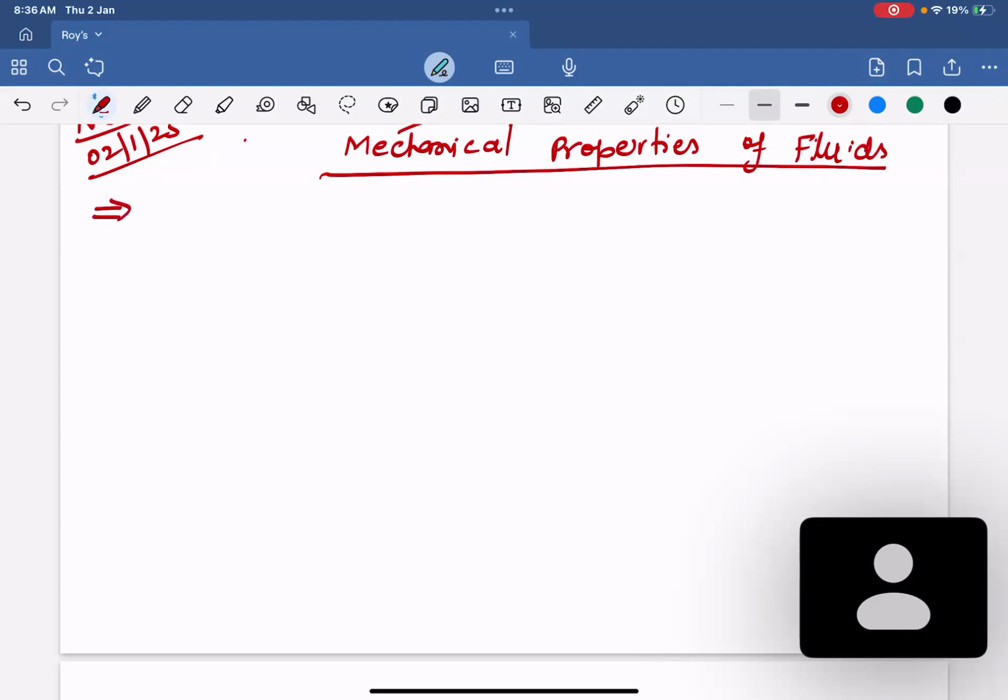First, you remember fluids: if I am saying fluid, it is something that can flow. Something that can flow will contain liquids and also gases. Liquids and gases both you can write as fluids.